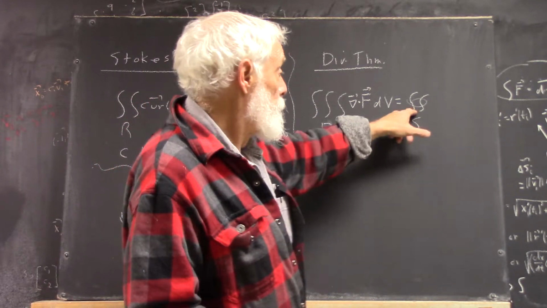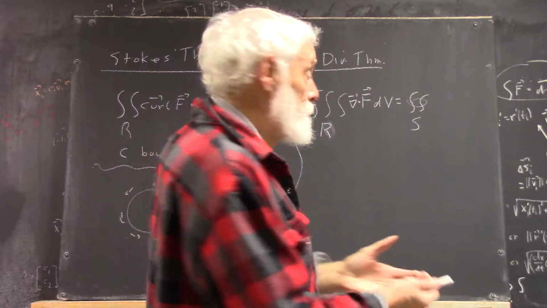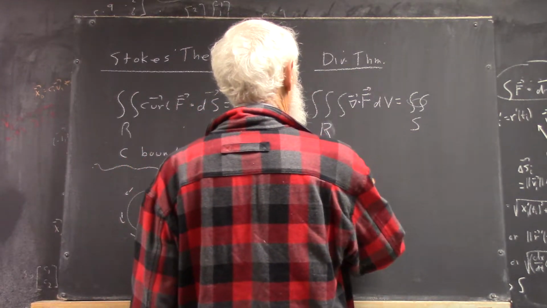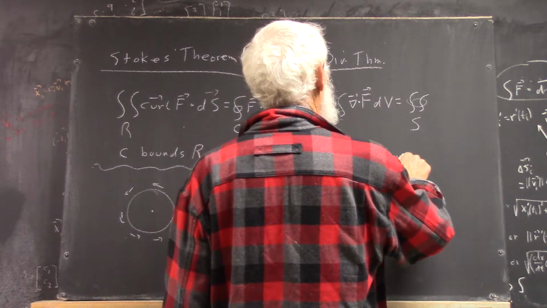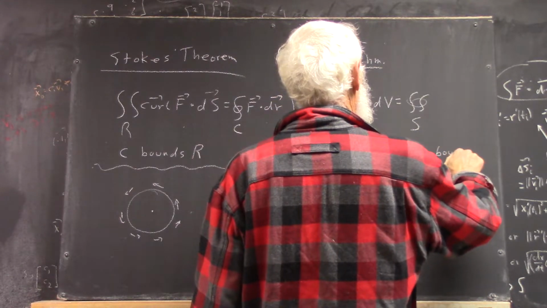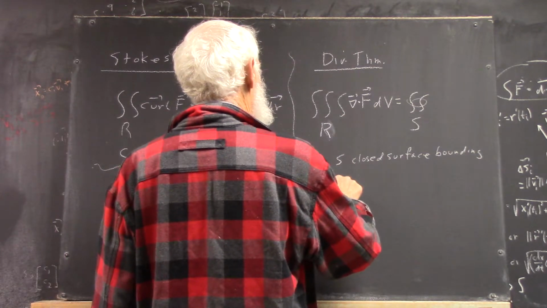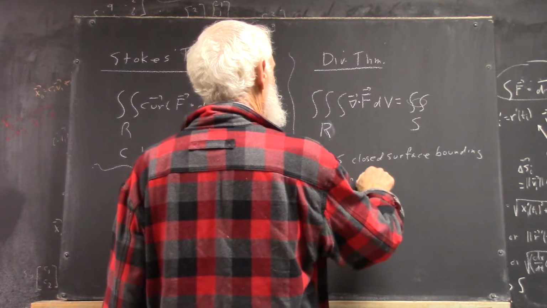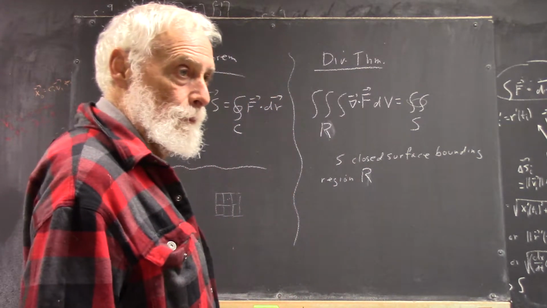And this is the surface of that region, a closed surface. S is a closed surface bounding region R. Okay?